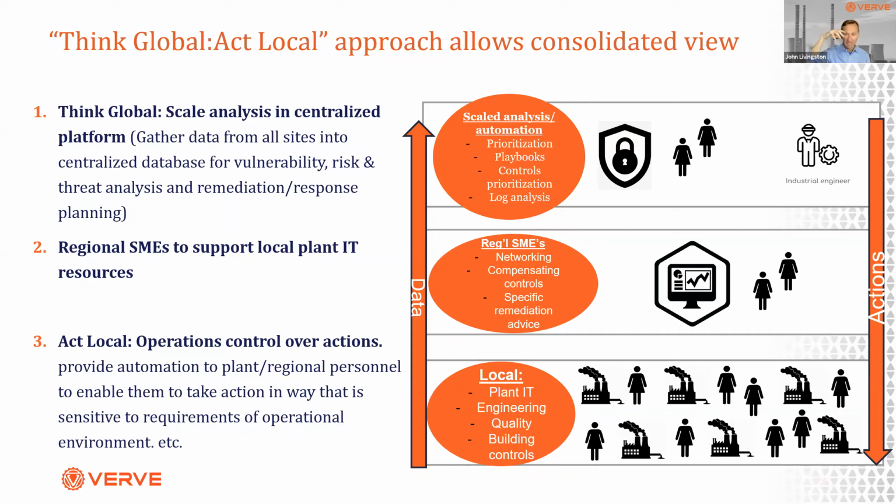But when we try and act, it needs to be done locally. And we need to automate that local action. This is one of the things we do in our platform, but whatever platform you're going to choose, make sure that you can automate those local actions, but put that in the control of people who understand the process. So you're not tripping the plant in the hope of doing something good from a security point of view.